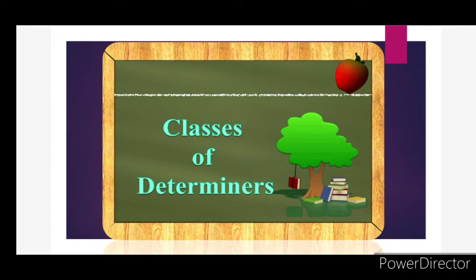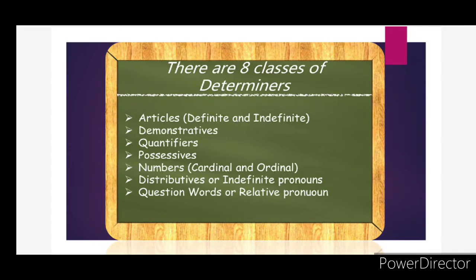Let's have a look at the classes of determiners. There are 8 classes of determiners. Yes, children.